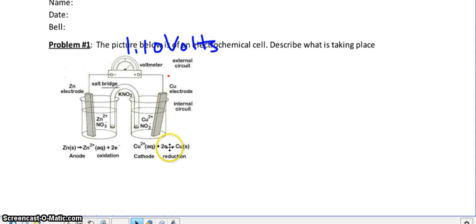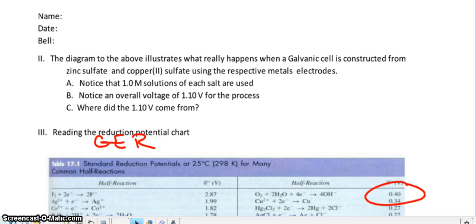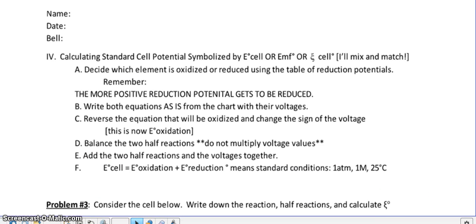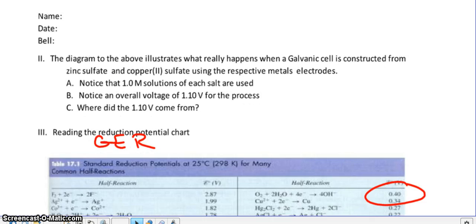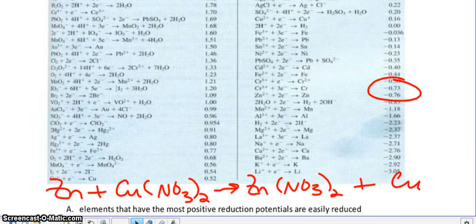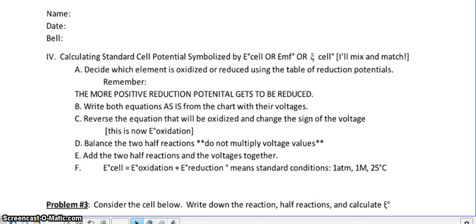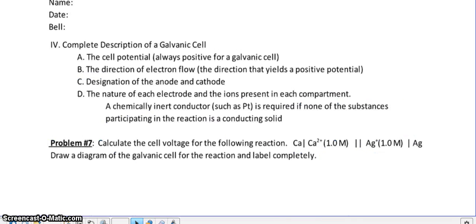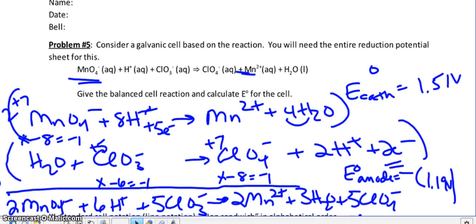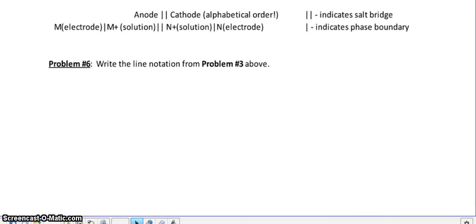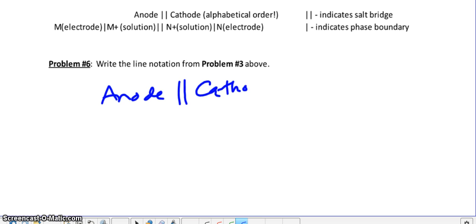Our cathode is the copper. Sorry about that, guys. All right, so our anode was the zinc. So anode to cathode, and now this is in alphabetical order.